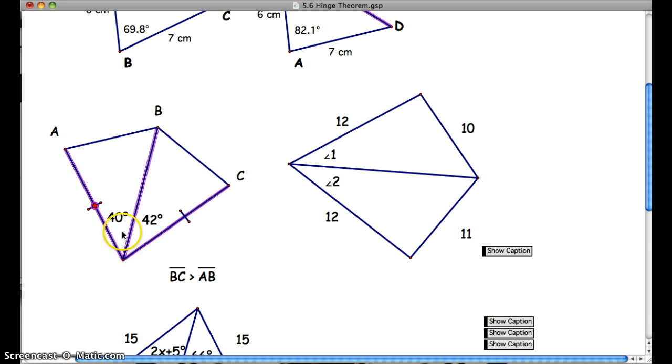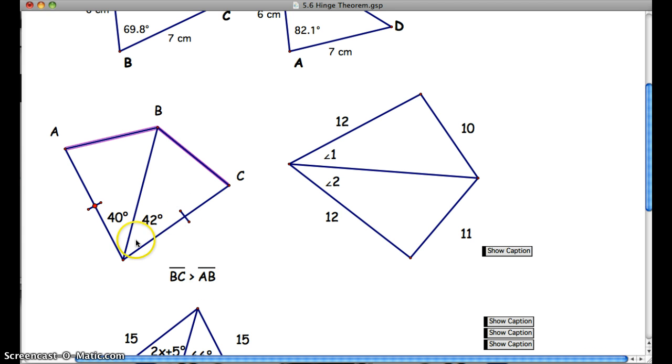Now let's look at the included angles. This angle, 42, is bigger than this angle, 40. So that means that BC must be greater than AB because the angle here is bigger than the angle here. Okay? So BC is greater than AB.